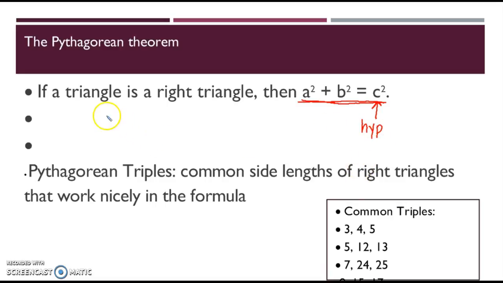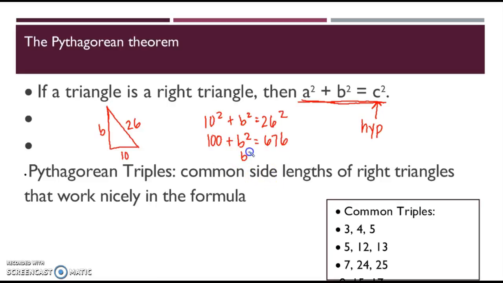Okay, so for example, if I said that we have sides of 10 and 26, and I want to find this side over here, I might call this side b and say 10 squared plus b squared equals 26 squared. Well, 10 squared is 100. So we have 100 plus b squared equals, and then 26 squared is 676.